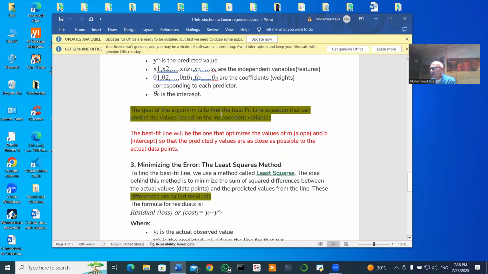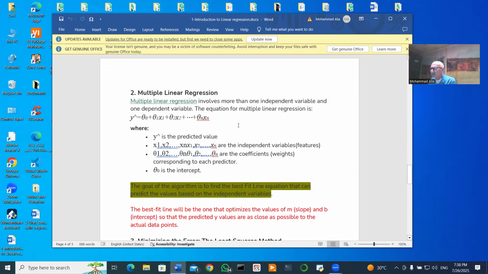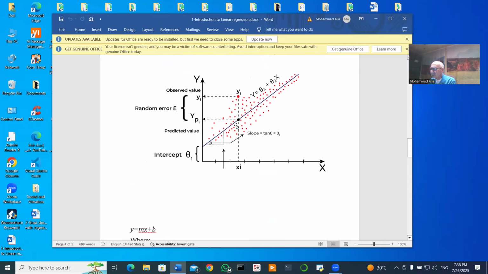Really, we have now a new expression, the best fit line. If we look at this data set, which are the red points here, and this is the regression line, it is difficult to say that this is the best line which fits this data set. How can we do that?